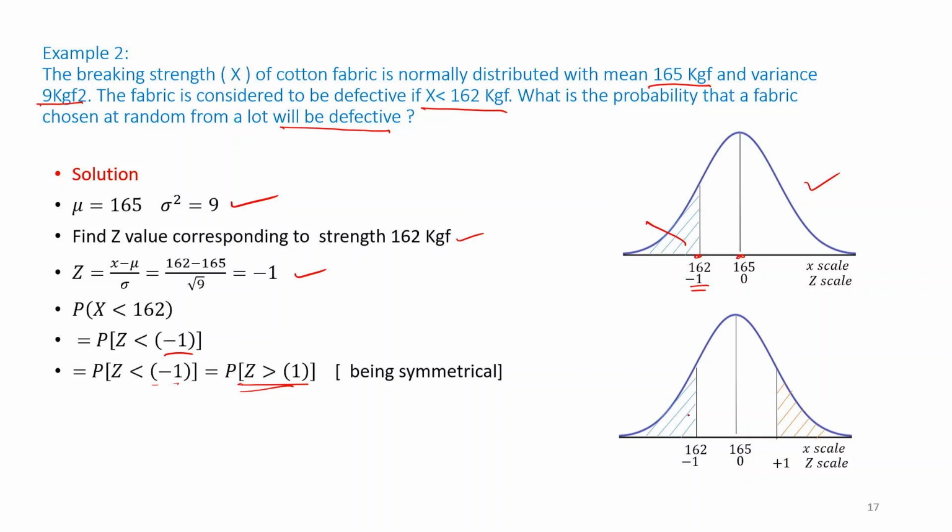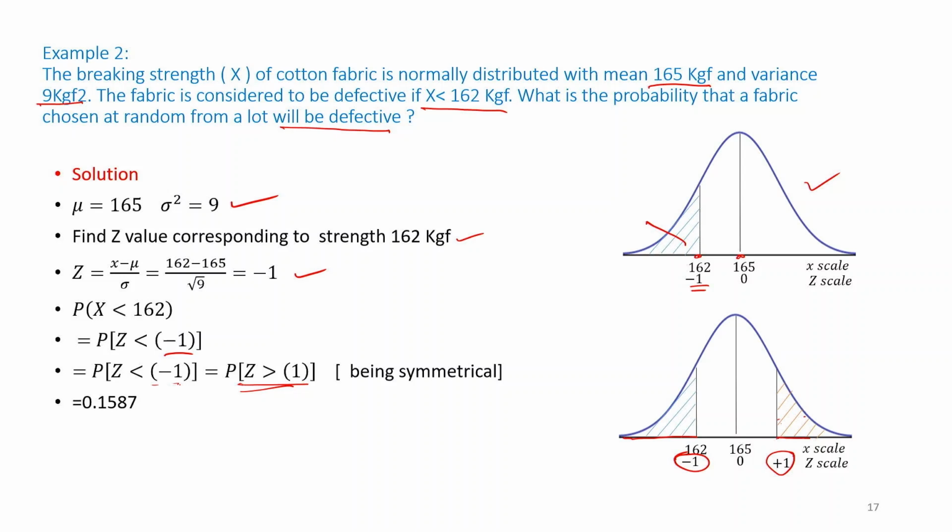So the area on this side, less than this, which is what we need to know, is equivalent to the area which is more than +1. This area will be available in the table. Because it is symmetric, this area will be exactly the same as this area. Hence we write that P(Z less than -1) is equal to P(Z greater than 1), the curve being symmetrical.